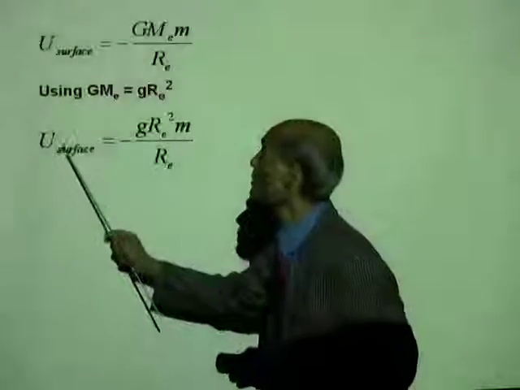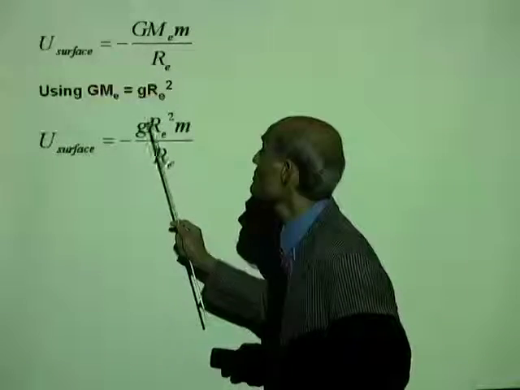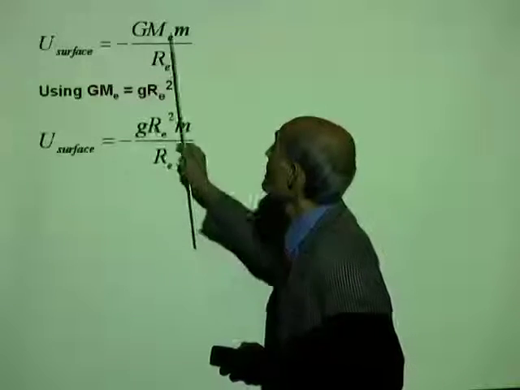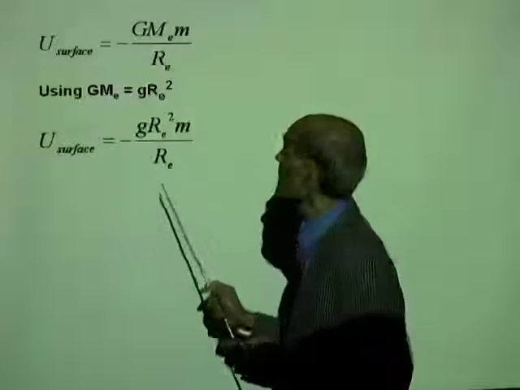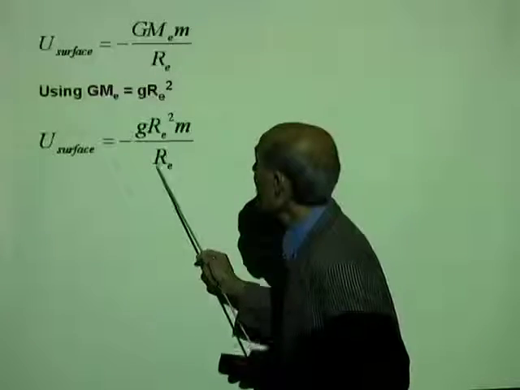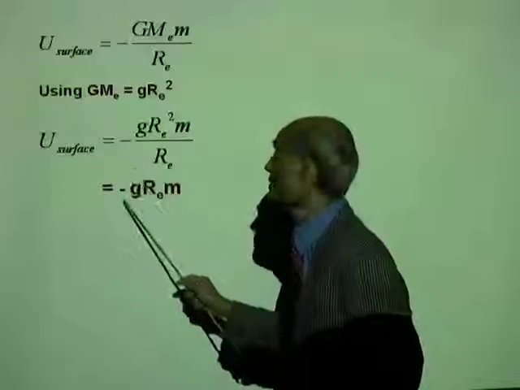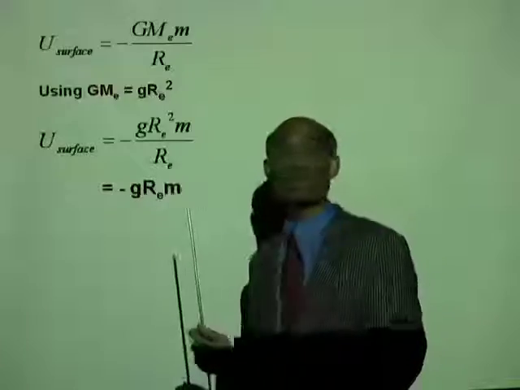And therefore, U surface can now be written as negative g R_E squared M over R_E. The R_E squared is the replacement of big G M_E. And now, one R_E from the numerator and denominator cancels, giving us negative small g R_E M.